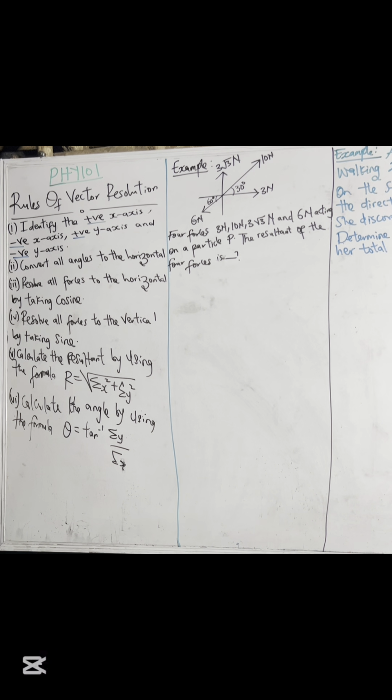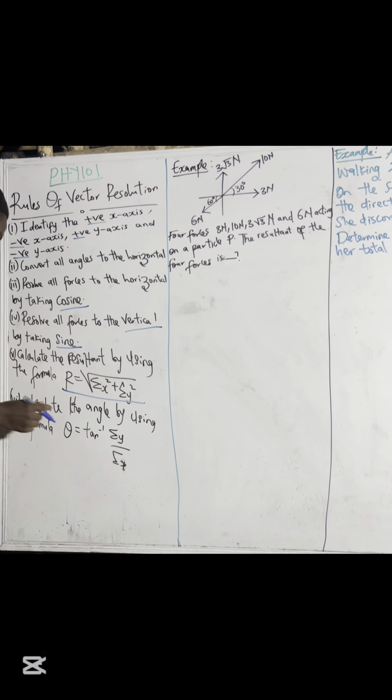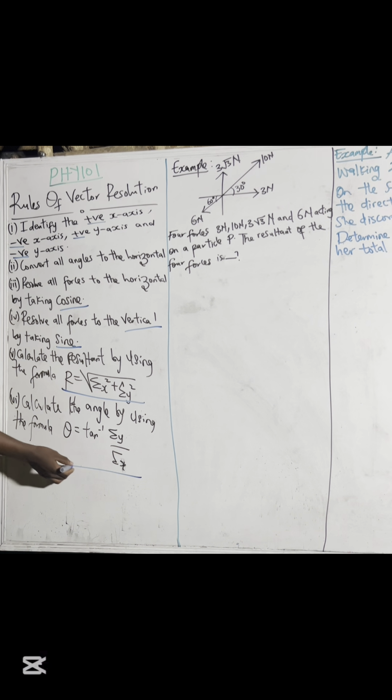Negative y-axis. Then all angles must be to the horizontal. Then you have to resolve all forces to the horizontal direction by taking cosine. We also resolve all forces to the vertical direction by taking sine. We will calculate the resultant by using this formula. We will calculate the angle by using this formula.